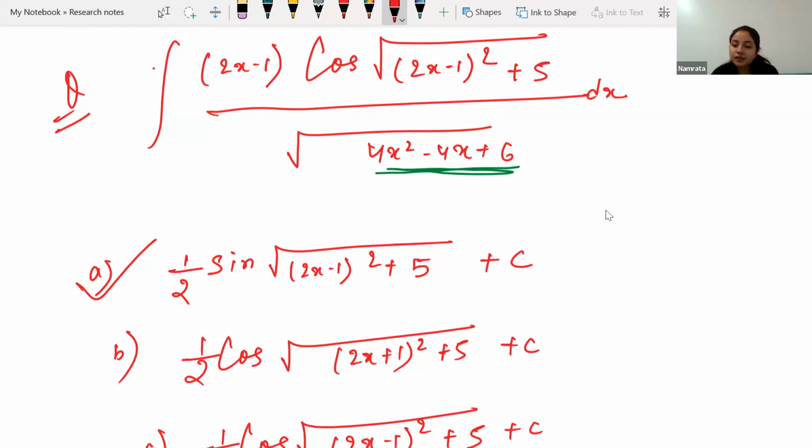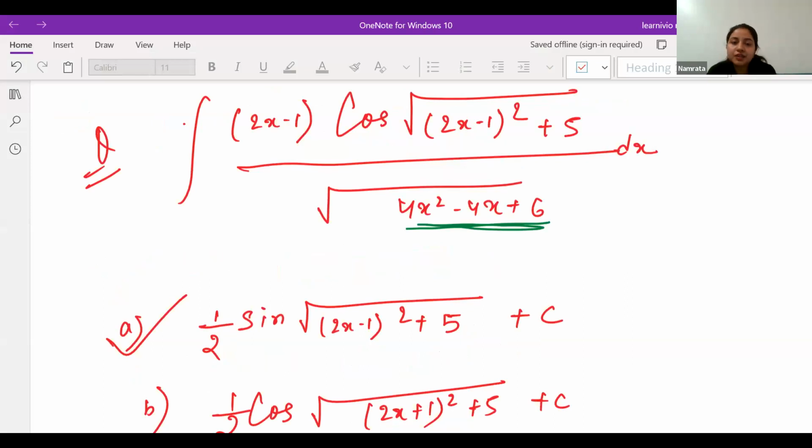So far, whatever we have discussed, is that clear? All the questions, whatever I have taken today, is that clear to everyone? Yes, ma'am. Okay, ma'am, should we do partial fraction? Yes, partial fraction is also there. A few questions are there.